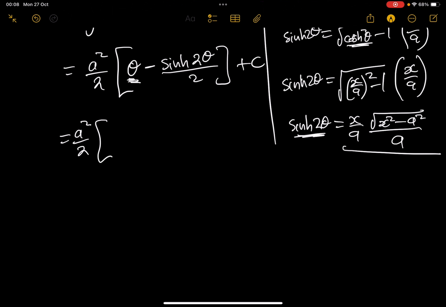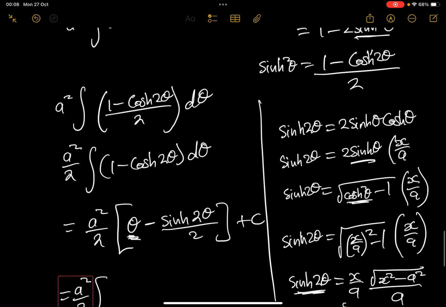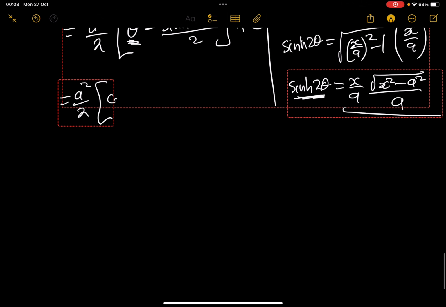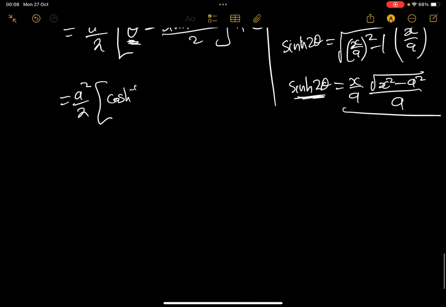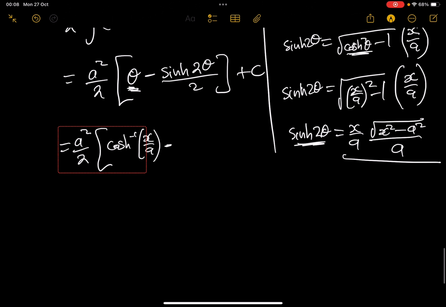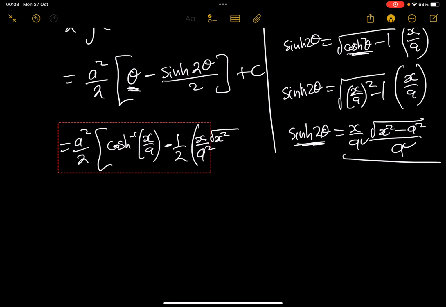Where there's theta, we substitute this expression, cos inverse of x over a, and then minus 1 over 2, where this 1 over 2 is this, and where there's sine 2 theta we substitute that. This is going to be x over a squared, root x squared minus a squared. So this is what we have.